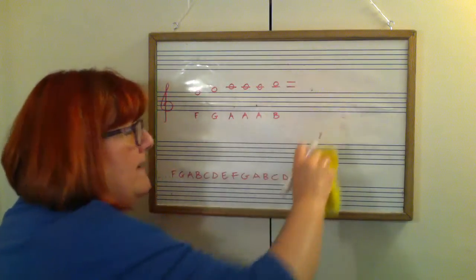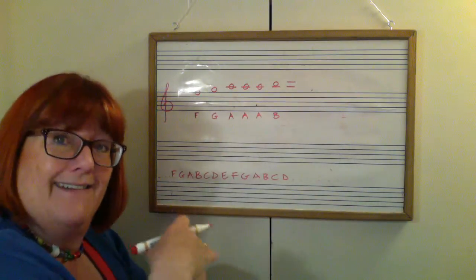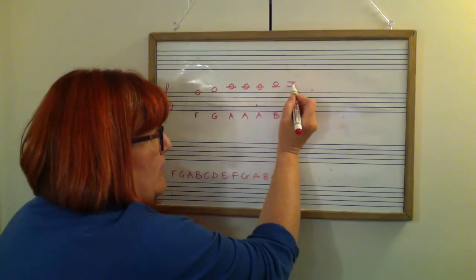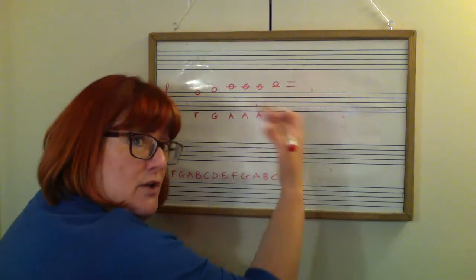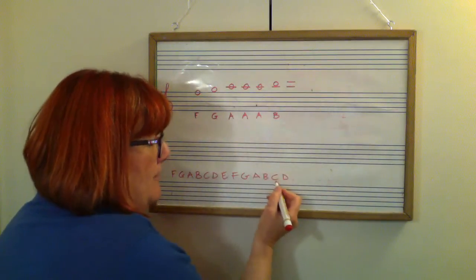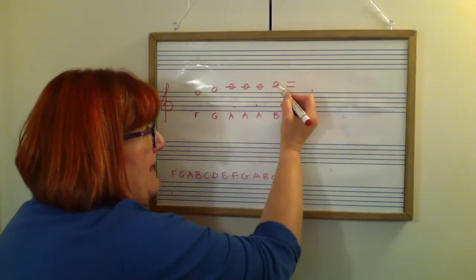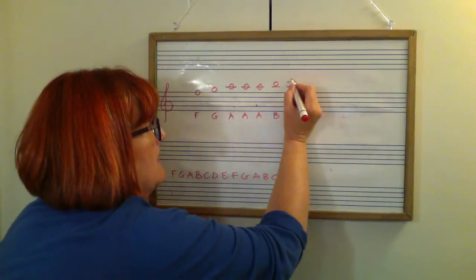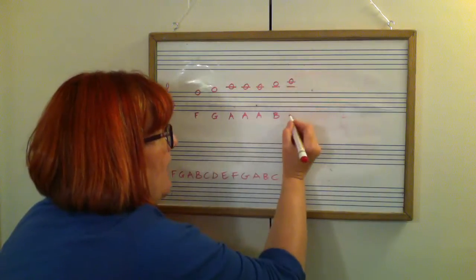So always everything is kept neat and even. So we don't have to draw the B because we're looking to draw a C. So we know the C is going to follow the B. The B is in a space, so the C must be on a line. So there we have a C.